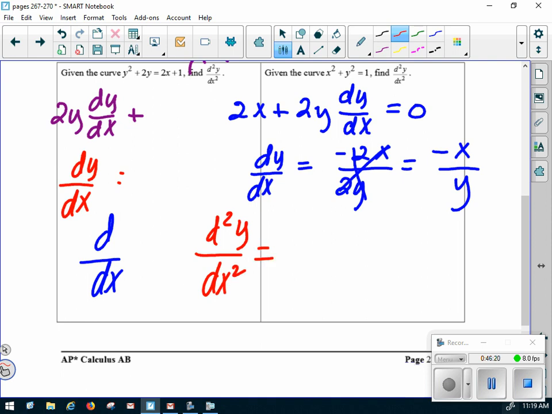Derivative of the top times the bottom. Derivative of the top is -1 times the bottom minus the derivative of the bottom times the top, over the bottom squared.